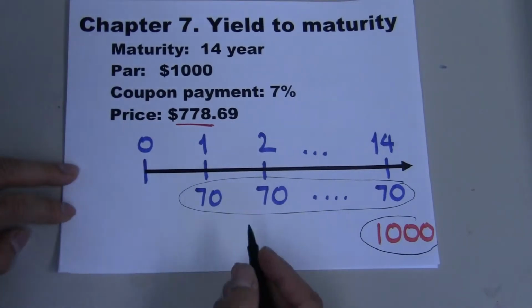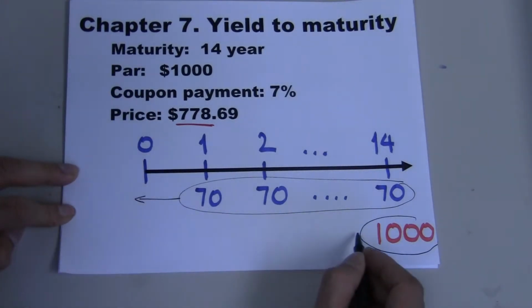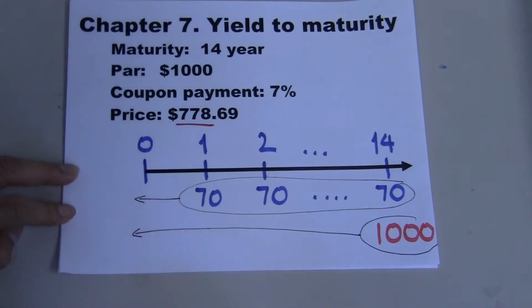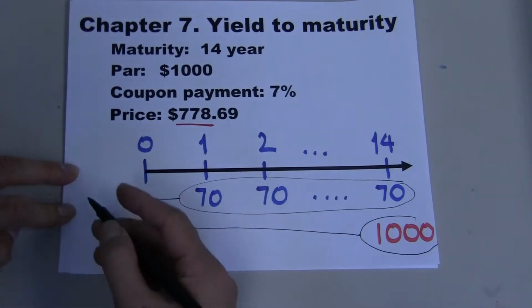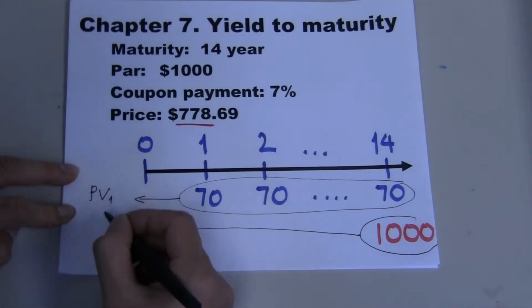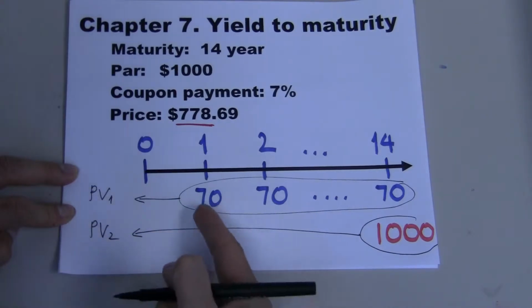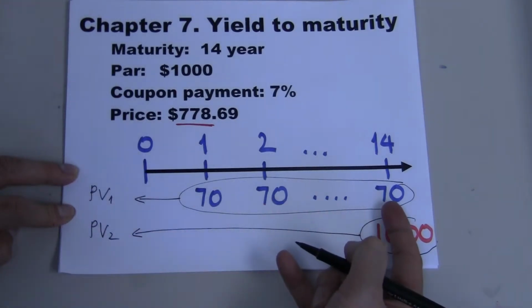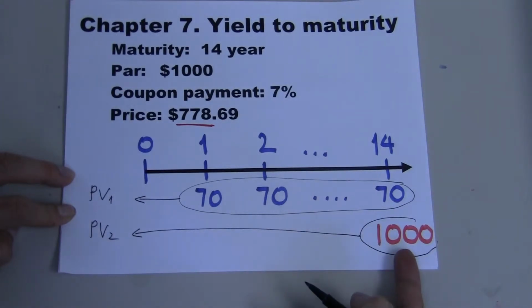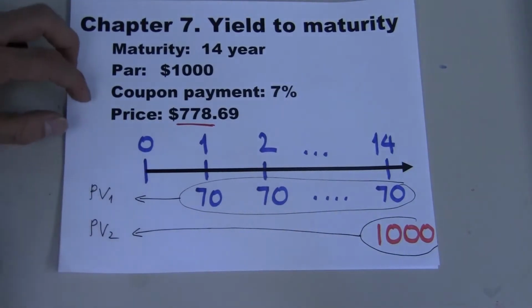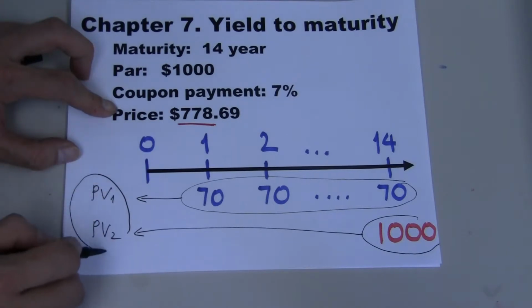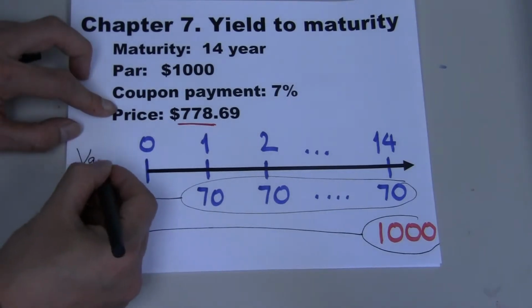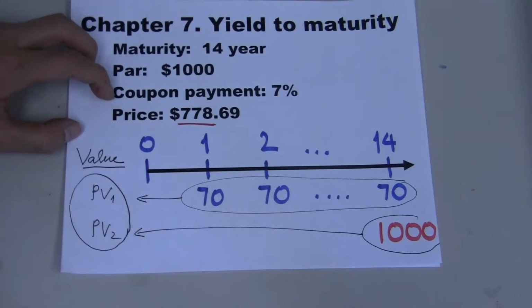In other words, we have to calculate the value of the bond as we did before. PV1 is the present value of the annuity of coupon payments. PV2 is the present value of the par, and when you add them up, it gives you the value of the bond.